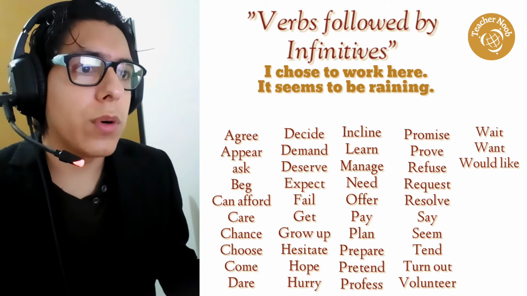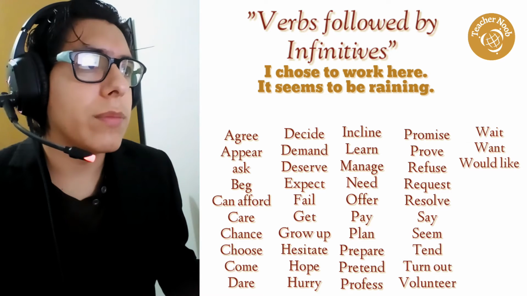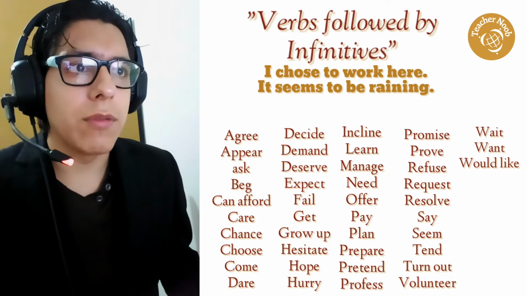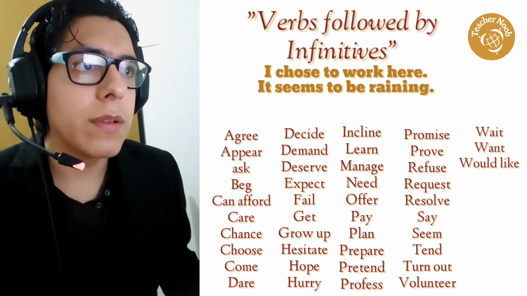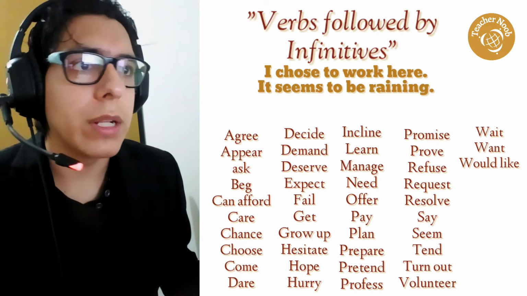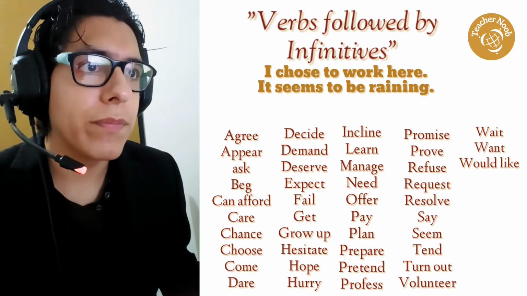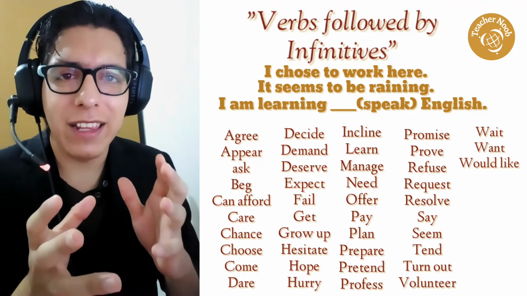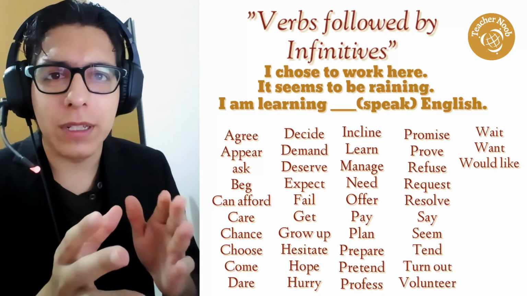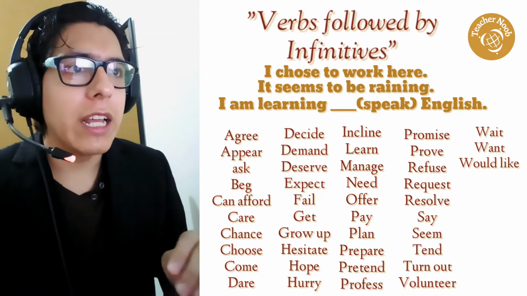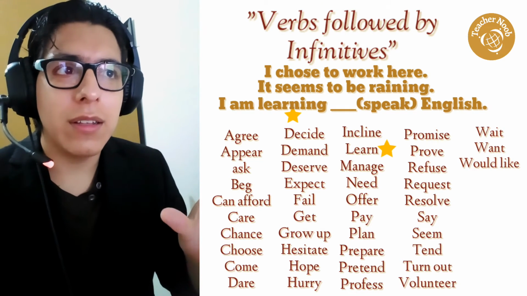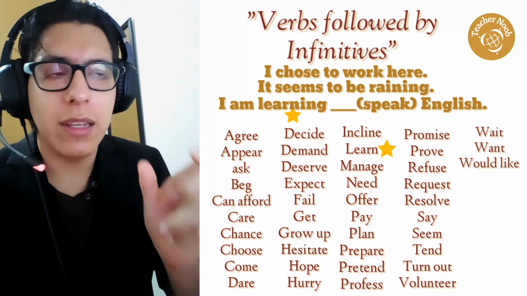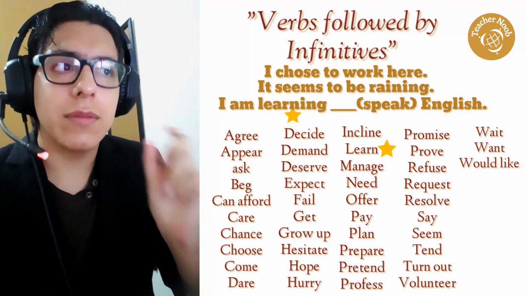We can check more. For example, let me see if I can find another one. I am using really common verbs, of course, because it is always the same. Okay, this one, really simple, and actually it is the way that we use all the time with students. It says I'm learning, in parentheses, speak English.